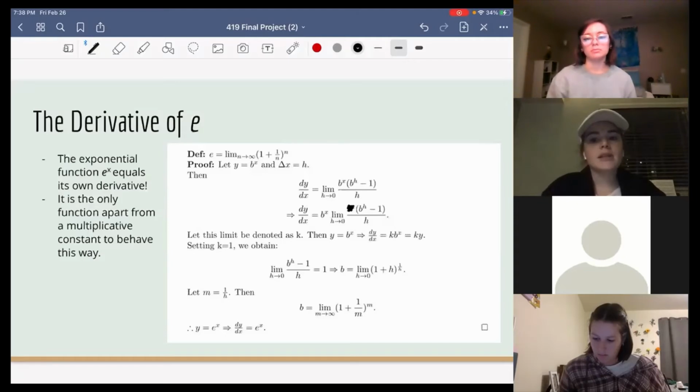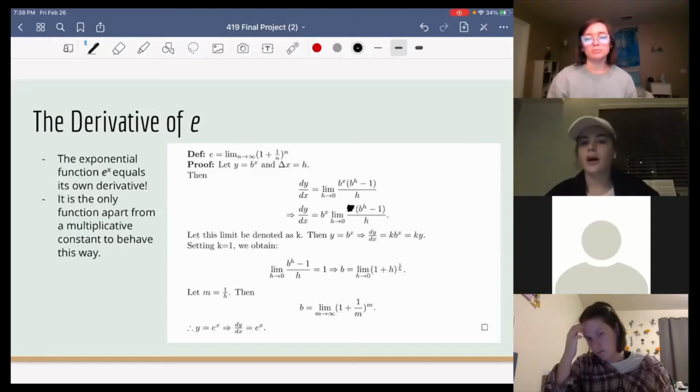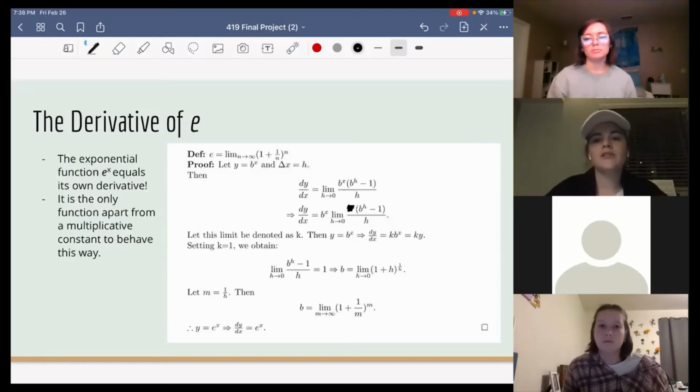So this means that the derivative of an exponential function is proportional to the function itself, and the coefficient of proportionality is k, which is this limit that we've defined. So now we would like to find the particular b that allows k to equal 1, meaning that this ratio would be 1 to 1 as we want.